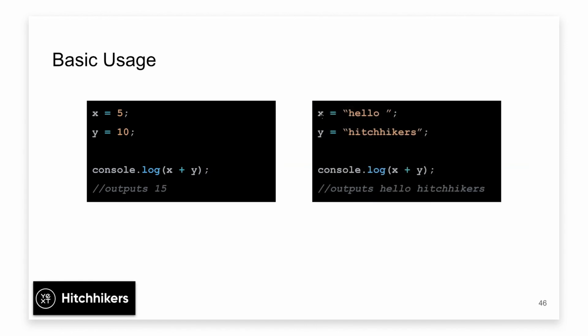Another example, this time we have variables of the string type, but with the same add operand. So JavaScript is a bit nimble in the way that it performs operations based on context, so it won't always perform them the same way. It looks at what the variable types are that it's performing the operations on, and then changes depending on that context.